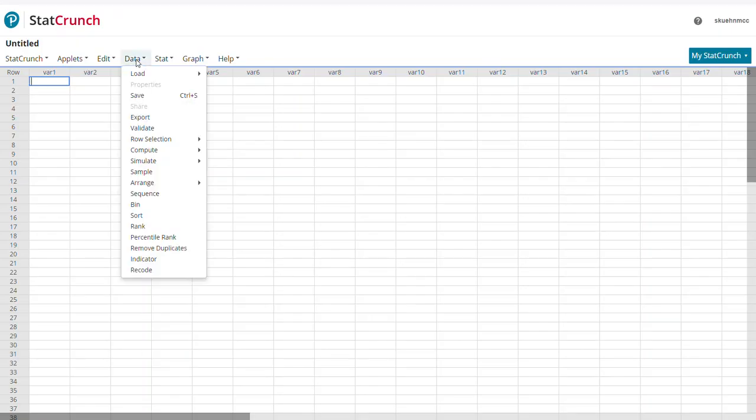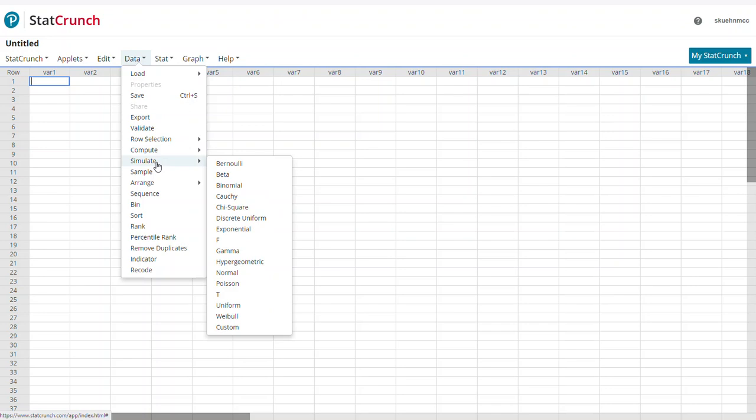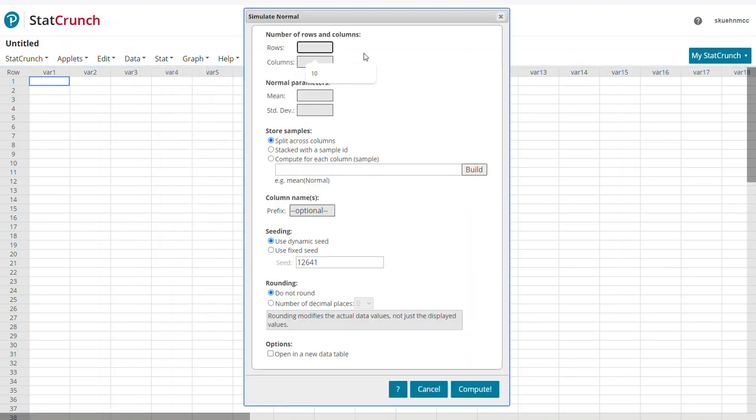Let's start by simulating. So data, simulate, normal. We're going to start by simulating collecting that sample of size 10. And I'm going to repeat this process 500 different times.